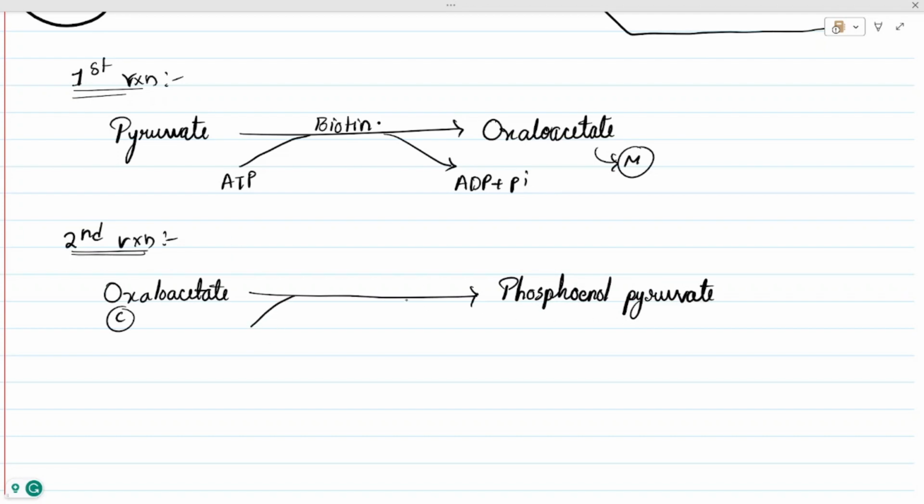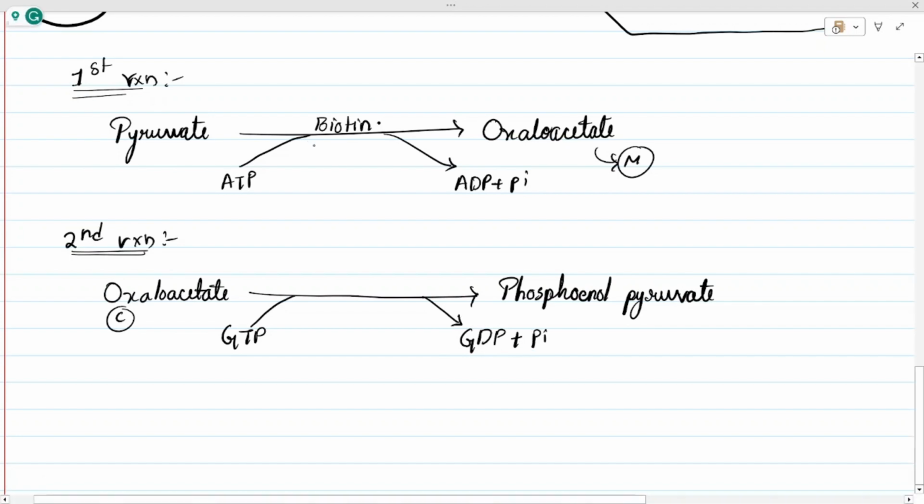It requires energy. Here, GTP is utilized. It gets converted into GDP and Pi. The enzyme used here is phosphoenol pyruvate carboxykinase.